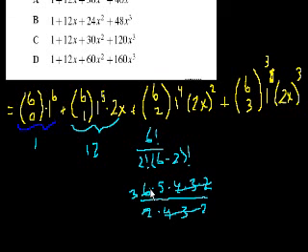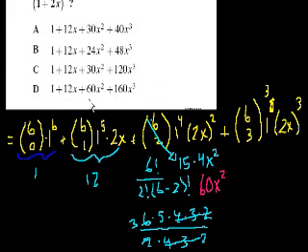So you end up with 3 times 5. So the 6 choose 2 becomes 15, right? 3 times 5. That's 15 times 1 to the fourth, which is 1, times 2x squared. So times 4x squared. And so that's 15 times 4, that's 60x squared. So the third term is going to be 60x squared.